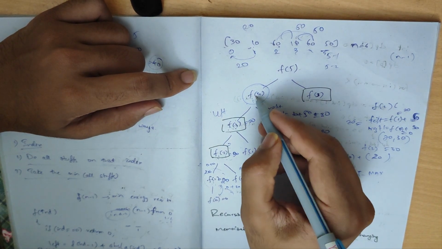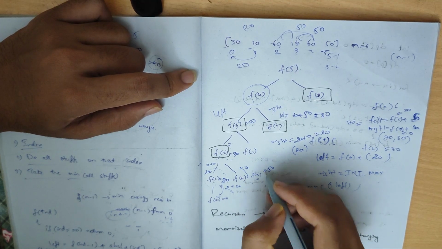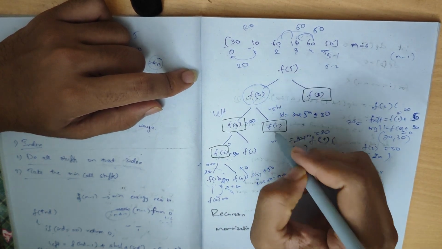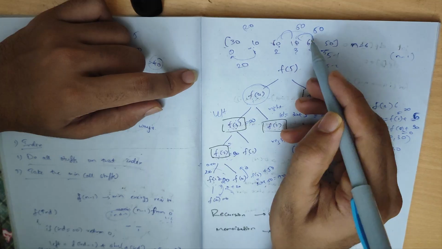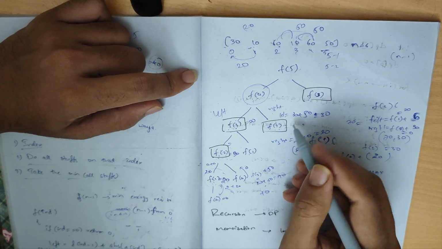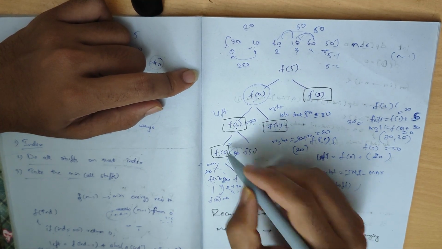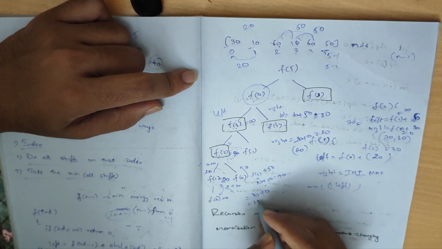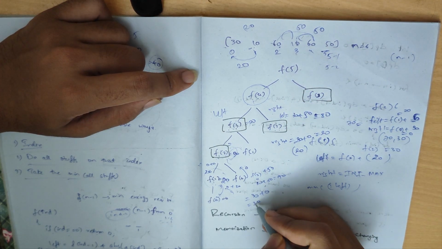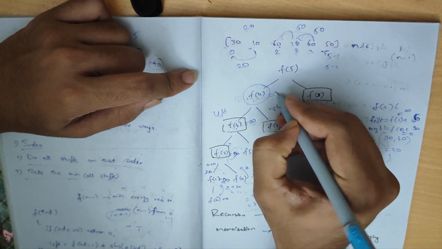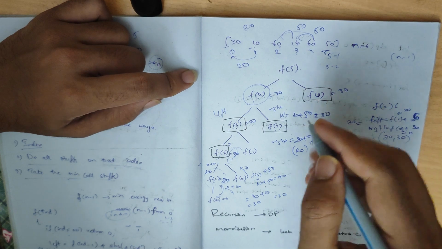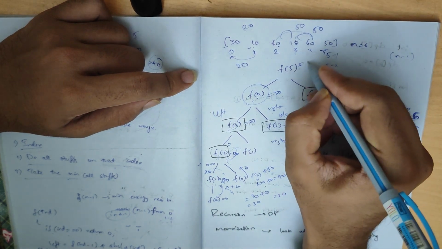And now for f of 4, the value is 20 plus 50, 70, and then for f of 4 to f of 2, the difference is 0, plus the f of 2 value, which we can find from the DP table, is 30, so 30. Now the minimum of both is 30, so the f of 4 value is 30. Since we know the f of 3 value is also 30, so the final answer is f of 5 is equal to 30.